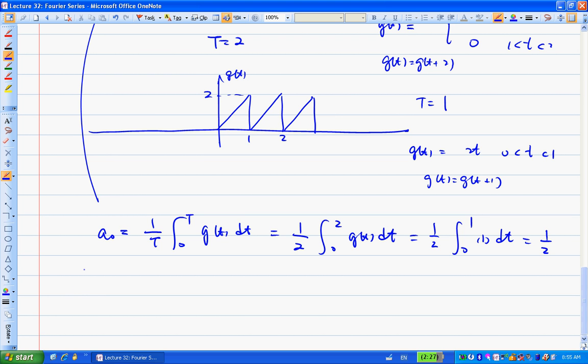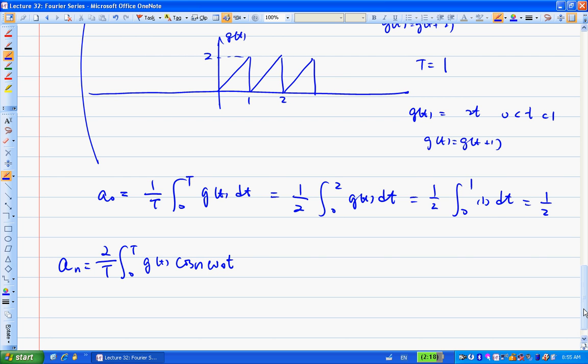Okay, so now let's take a look at the an and the bn. According to the formula, an is 2 over capital T, integral from 0 to T of g of t cosine of n omega naught t dt. Let's plug in the known numbers.